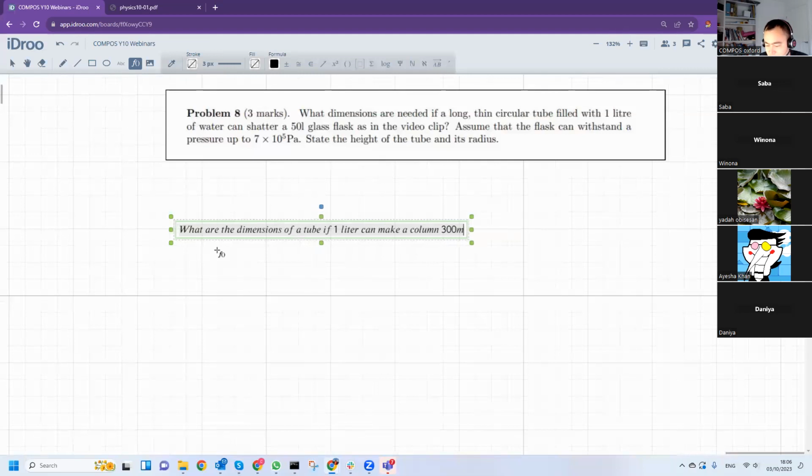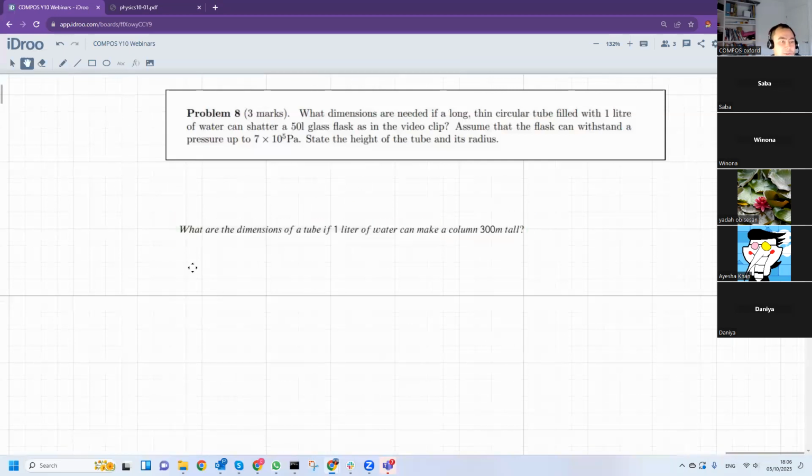What are the dimensions of a tube if 1 liter of water can make a column 300 meters tall?